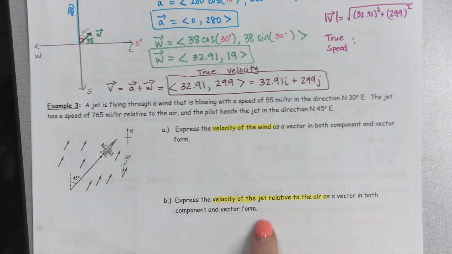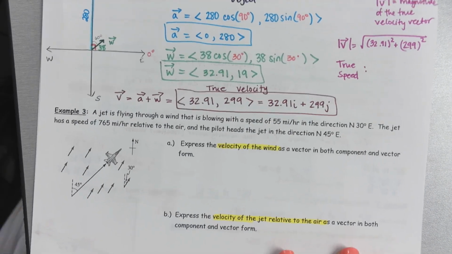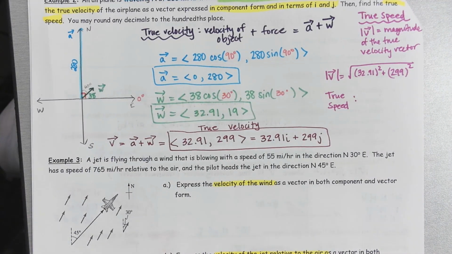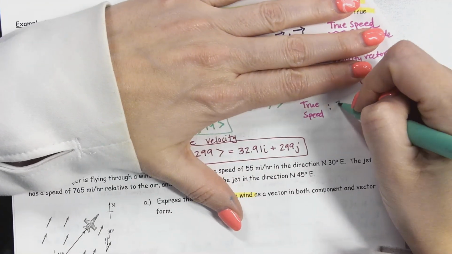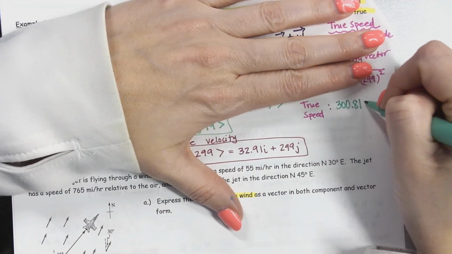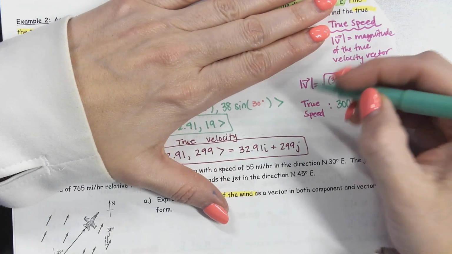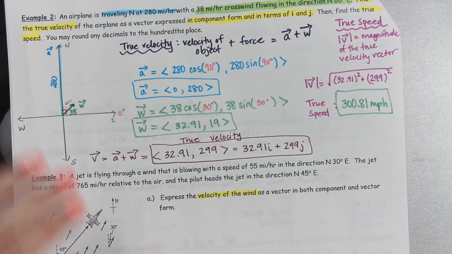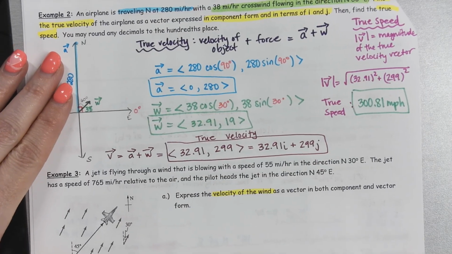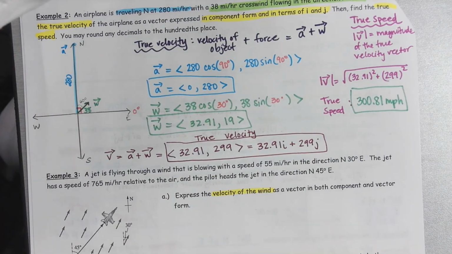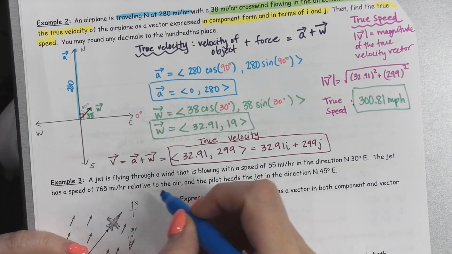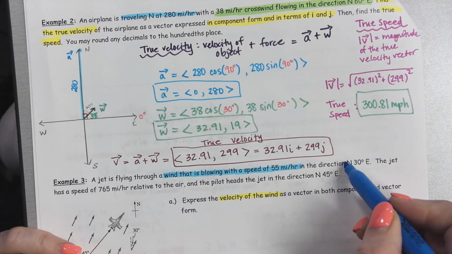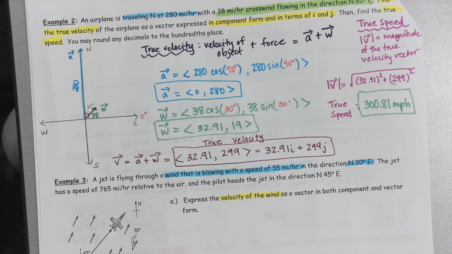Okay, so I said you guys do A and B, and then we'll draw the picture together. Okay, and you guys did a nice job of finding the true speed. Make sure you have your miles per hour. Okay, so when you're doing the velocity of the wind, it says it's a wind that is blowing with a speed of 55 miles per hour, and then this is the direction.